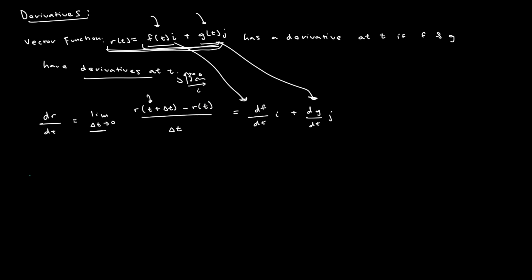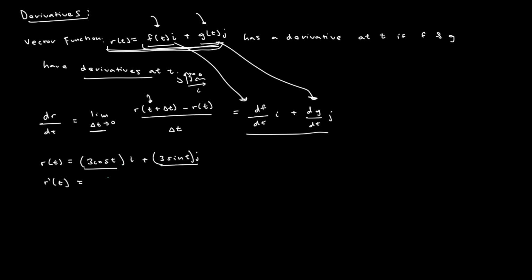Knowing that, we have r of t is equal to 3 cosine t times i plus 3 sine t times j, and let's find r prime of t. If we follow this definition, we simply find each of the individual component-wise derivatives with respect to t and then put it in vector form.